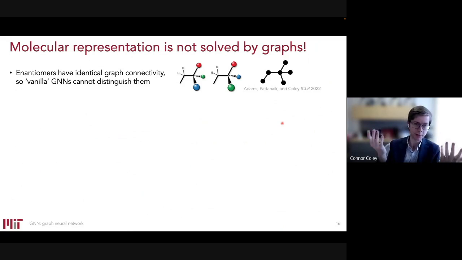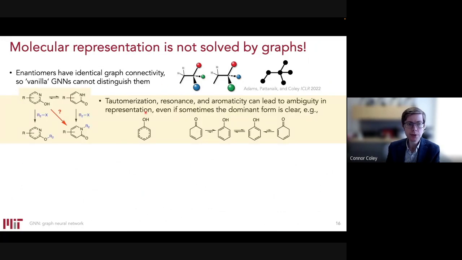The graph connectivity of our hands, if you think of it like that, is identical, but you can't superimpose them exactly. They're mirror images, and they will interact with chiral environments, like left-handed scissors, in very different ways. And so it's the same thing with small molecules and proteins. So if we just represent molecules as graphs with no consideration of this aspect of their structure, we can't distinguish them.